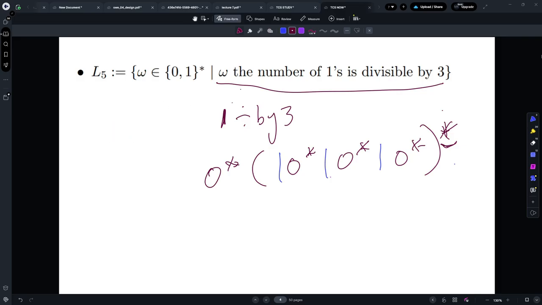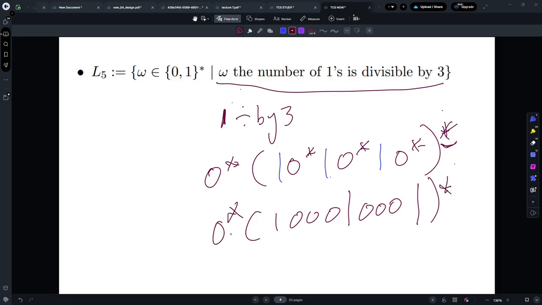It's the same. Now, once you do this, you realize that you can do as many zeros as you want, which makes sense. It can start with whatever zeros, but it must have a 1, and it can do as many zeros, and then it must have a 1. It can do as many zeros, it must have a 1, and then repeat that bracket.